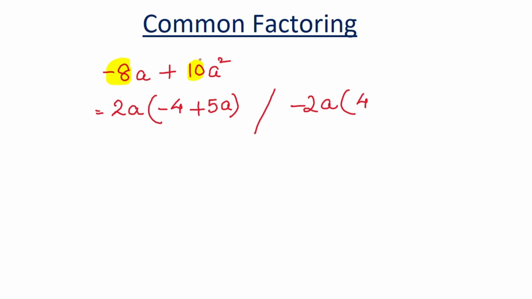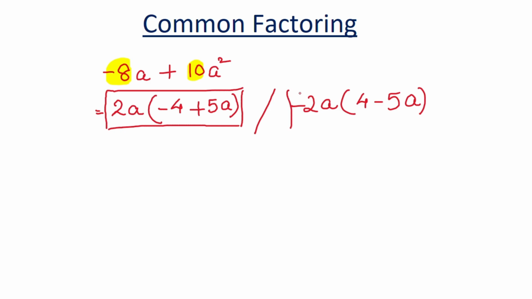And now 10 divided by negative 2 gives us negative 5. Out of two a's, we've taken an a common, so we are left with 1a. So either you could write the final factoring answer for the expression as this, or you could put it down as this. Both of them are correct.